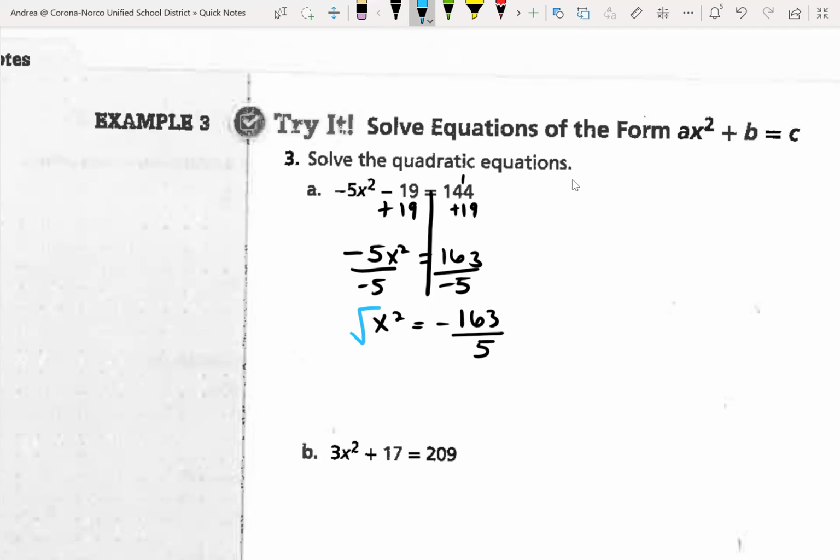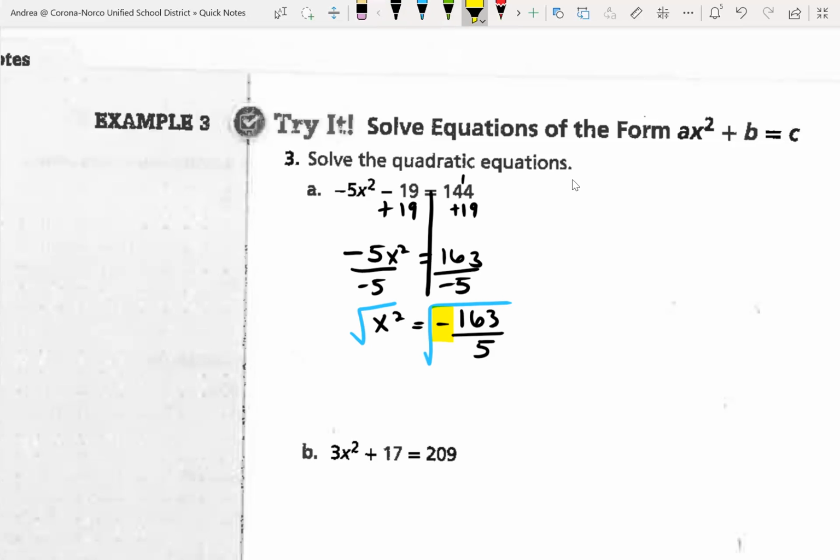I square root both sides. What's my problem here? It's negative. I can't have a negative inside the radical. I can't take the square root of a negative number, no matter how odd it is. I don't know what 163 divided by 5 is, but I know it's negative.